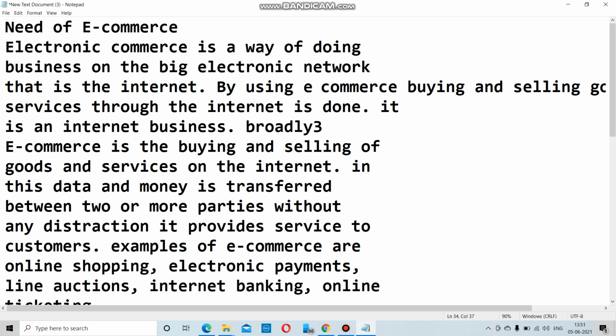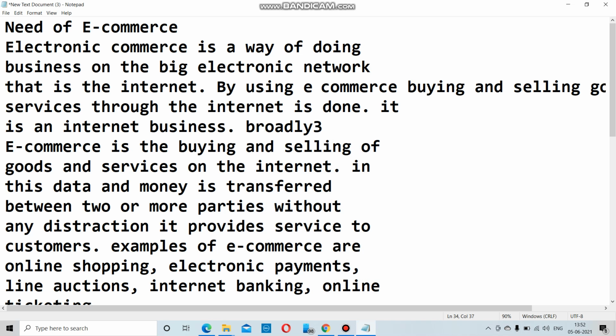So first of all, e-commerce is actually electronic commerce. It is the way of doing business on the big electronic network that is the internet. By using e-commerce, buying and selling goods and services through the internet is done.